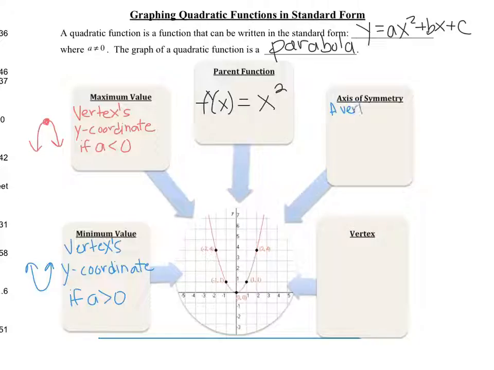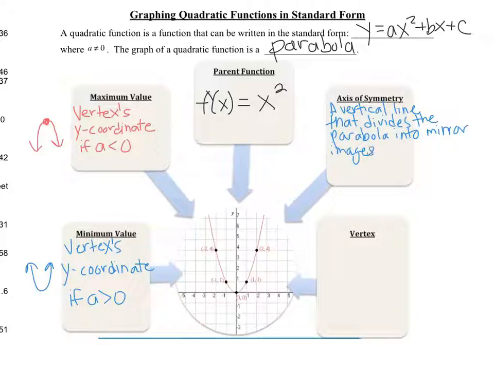So it's a vertical line that divides the parabola into mirror images. And travels through the vertex.